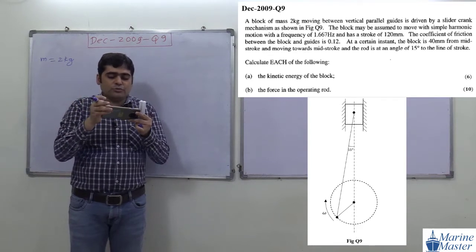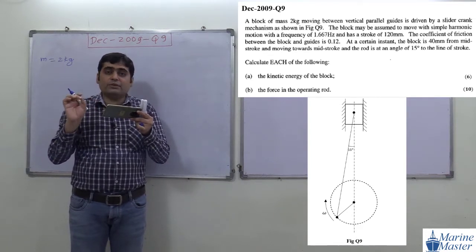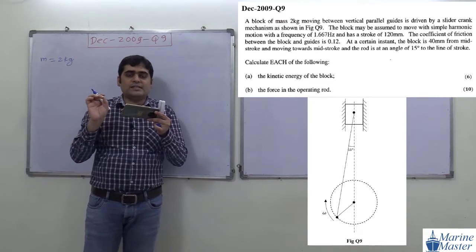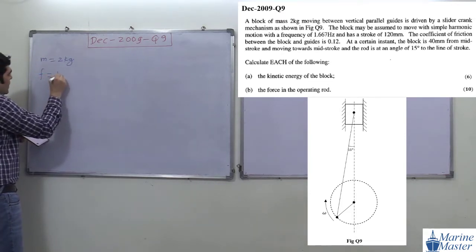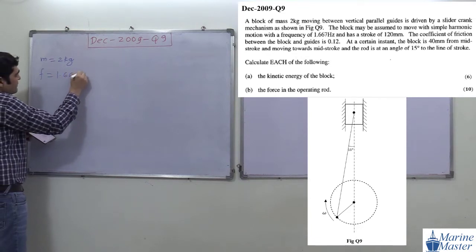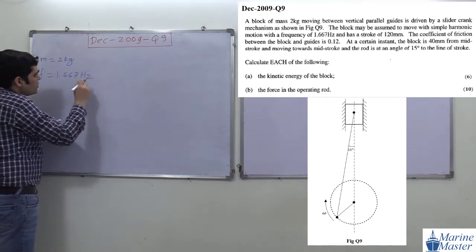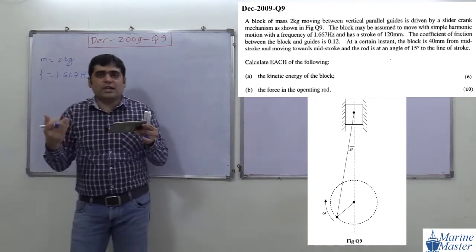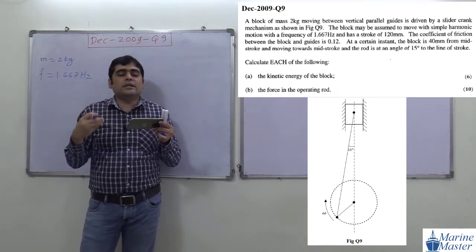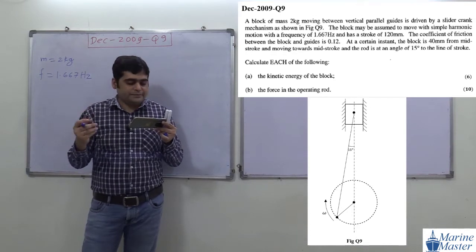The block is assumed to move with simple harmonic motion with a frequency of 1.667 Hz. So here frequency is given, and we know frequency from our theory. Frequency means the number of oscillations or number of cycles per unit time, or per second.